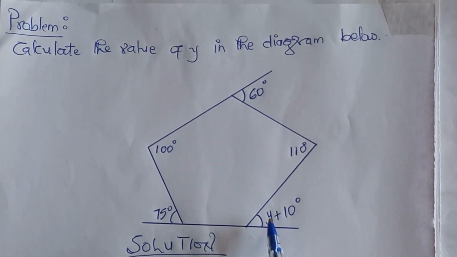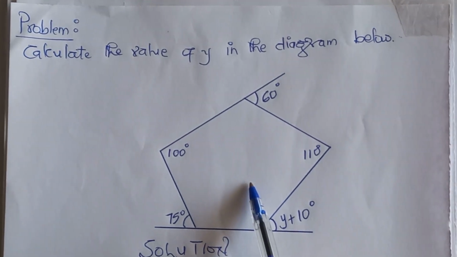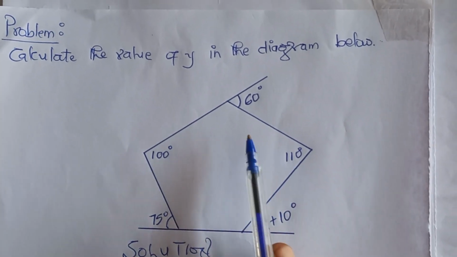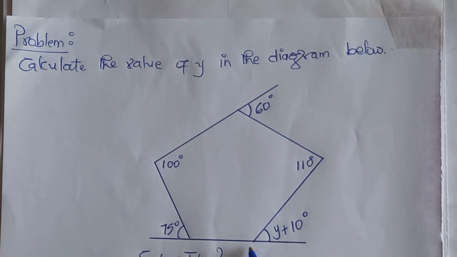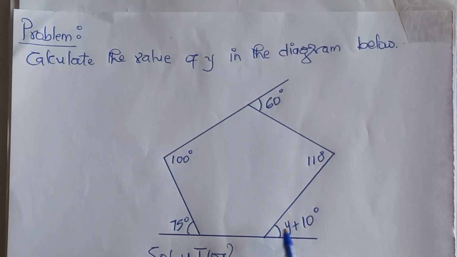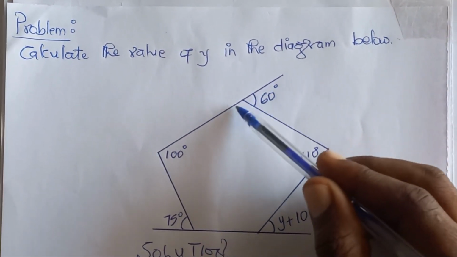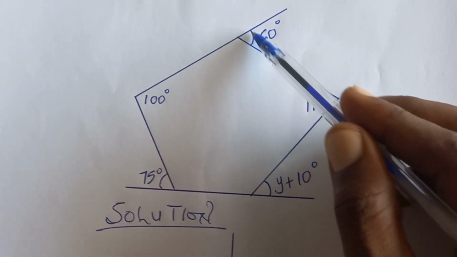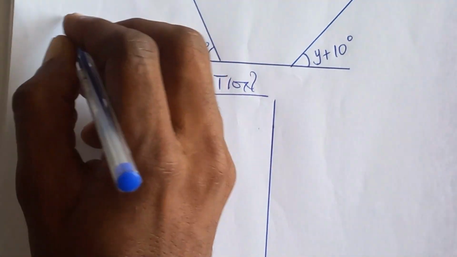Good. So before you can solve this question, you have to know the total interior angle. Because when we are able to get the interior angles of this pentagon, we can use supplementary angles to get the value of y. So for this side, we can use supplementary angles or angles on a straight line.